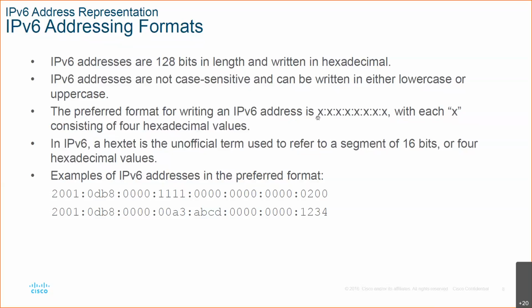So each hextet is represented by 4 hexadecimal values, like this. 2001. So this is your first hextet, second, third, fourth.